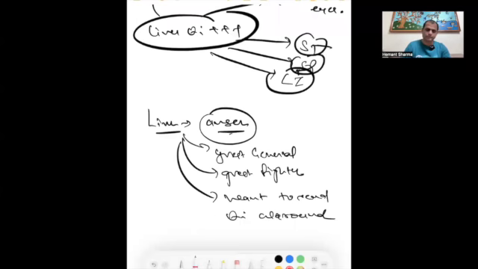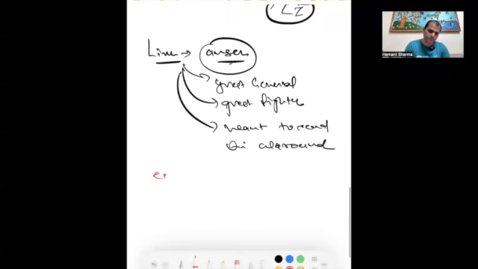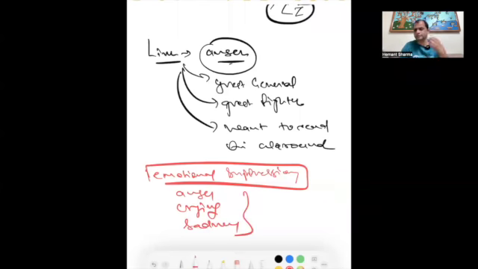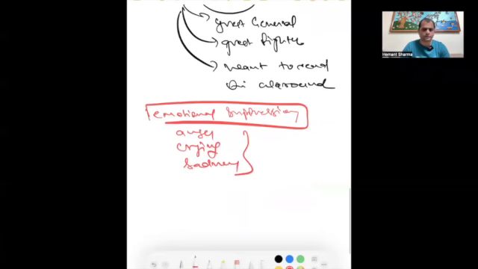But sometimes there is emotional suppression. Suppose someone is suppressing any type of emotion, maybe anger, maybe crying, maybe sadness. What is emotional suppression? How can it be defined in TCM? Emotions are energy.